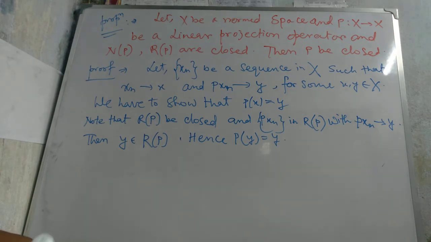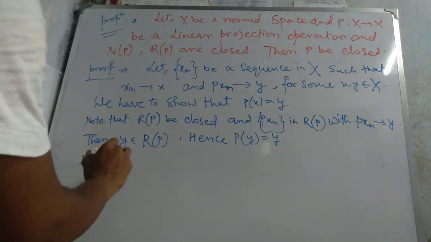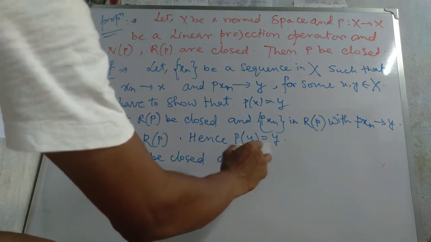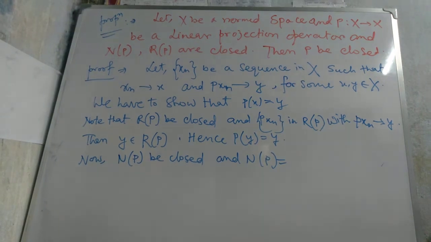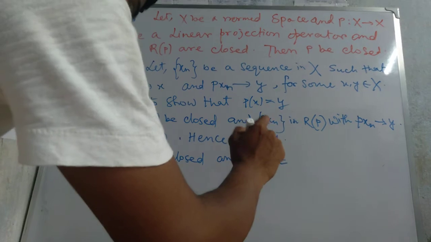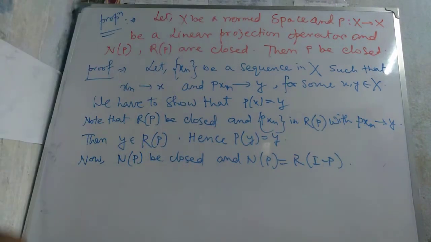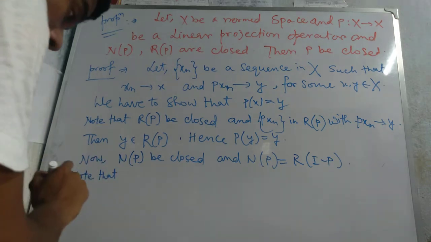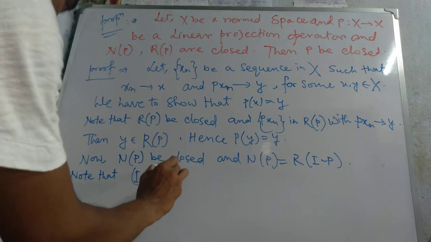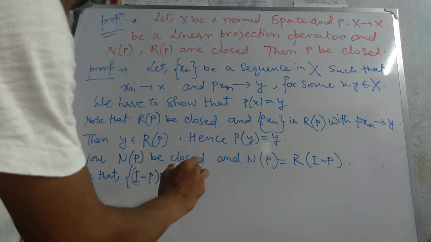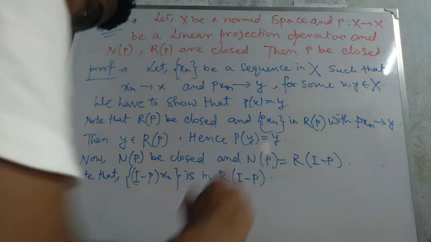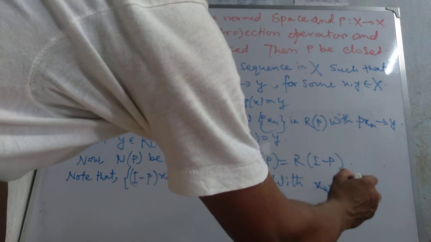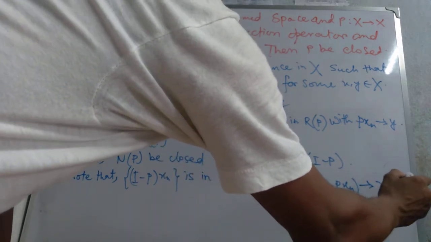Now N(P) is closed, and N(P) equals R(I minus P). And note that (I minus P)xn is in R(I minus P) with xn minus Pxn converging to x minus y.